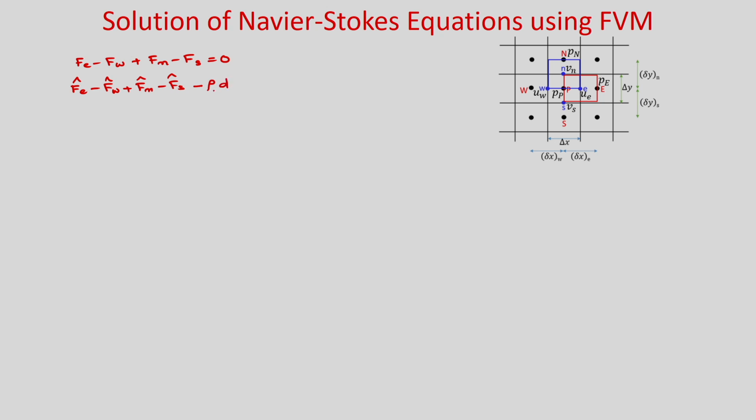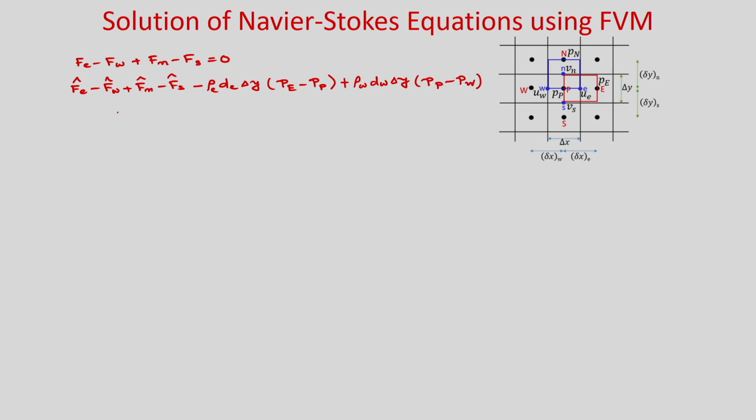minus rho e dE delta y (Pe minus Pp). Okay. For Fw, so it is minus Fw, so minus minus plus, so rho w dw delta y (Pp minus Pw). Okay.